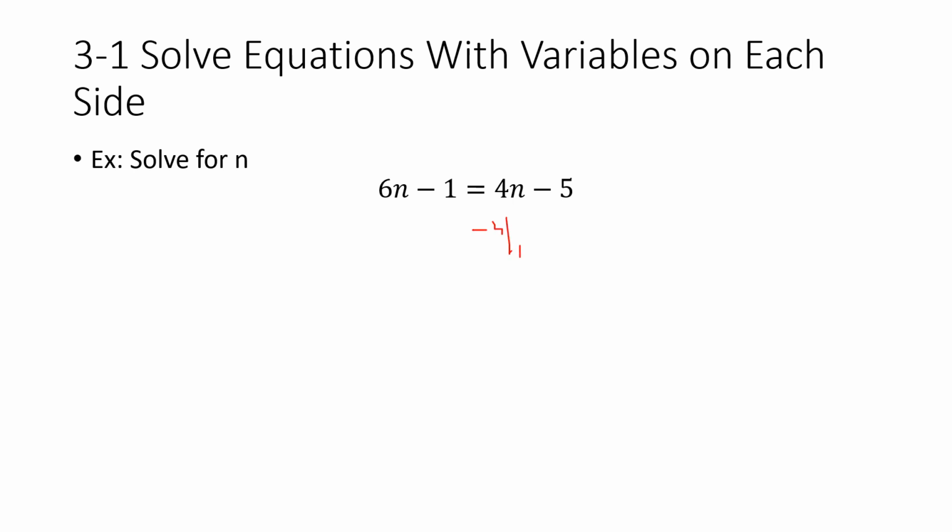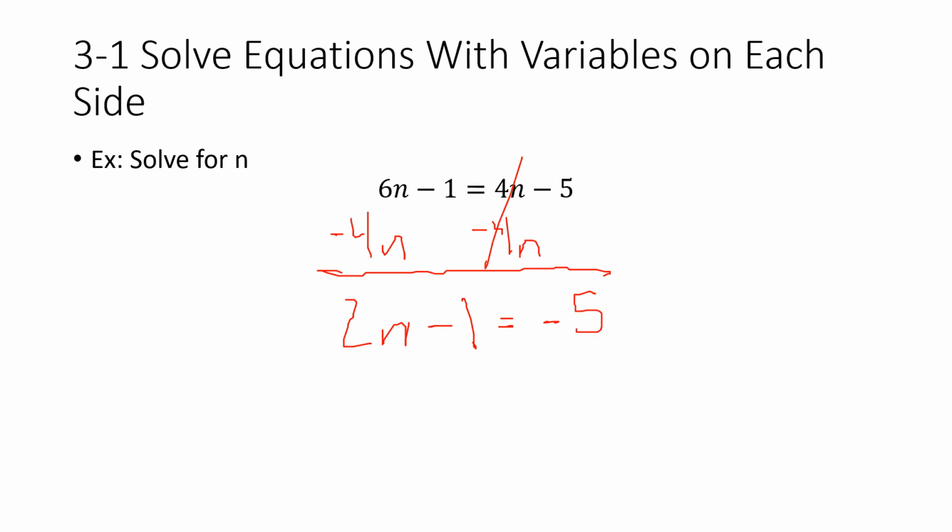I'm going to take my 4n and combine that with my 6n because I like my numbers to stay positive as much as I can. So those cancel. 6 minus 4 is 2, so we are back at 2n minus 1 equals negative 5. I'm going to keep track of my negative sign this time. So the opposite of subtracting 1 is adding 1.